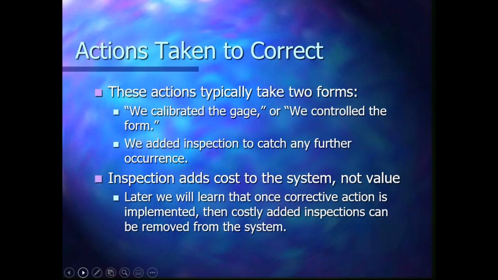But remember, inspection adds cost to the system, not value. Later, we'll learn that once corrective action is implemented, that costly added layer of inspection should be able to be removed from your system.